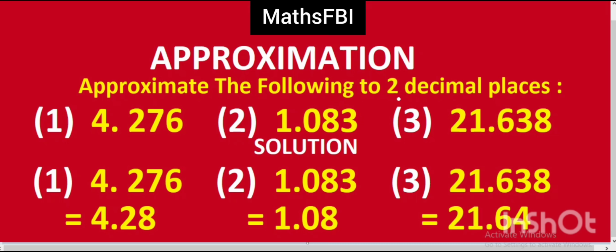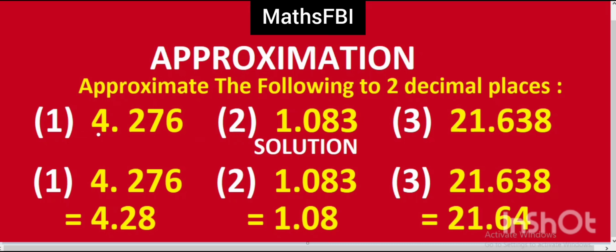approximate the following numbers to two decimal places. Two decimal places, that is the first thing to take note of. All right. Now I want to approximate questions 1, 2, and 3 to two decimal places.